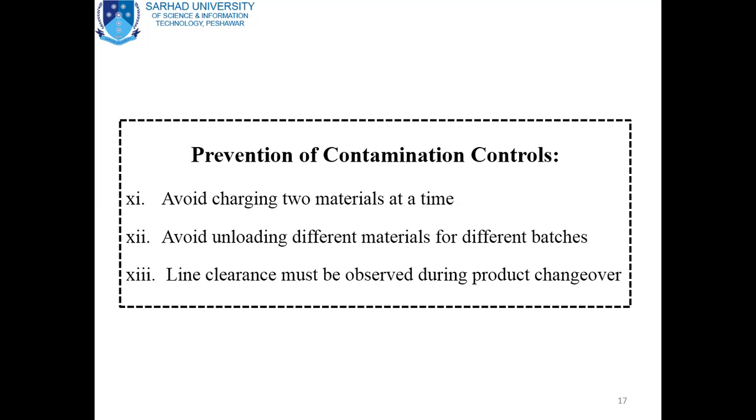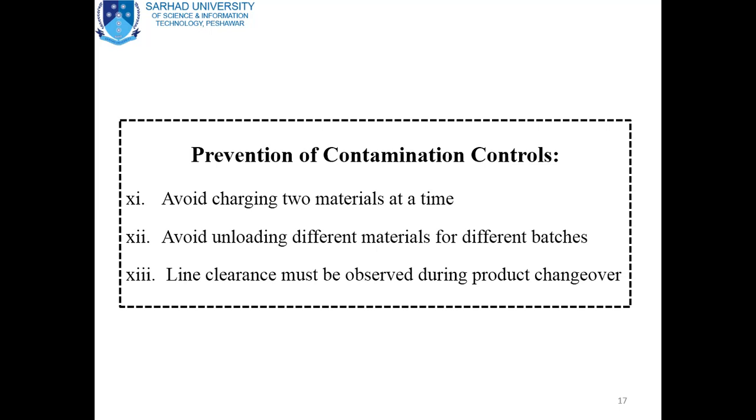Avoid unloading different materials for different batches. At the same time, we should unload one material at a time in order to avoid cross contamination of different batches. Line clearance should be observed during product changeover.